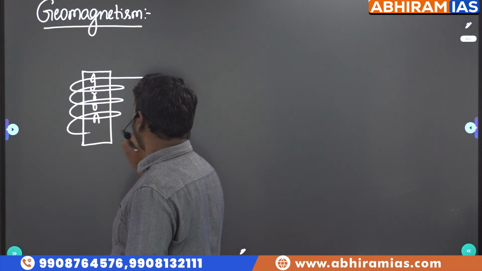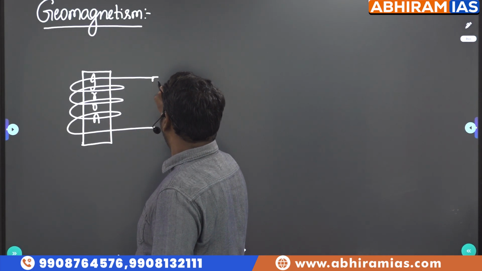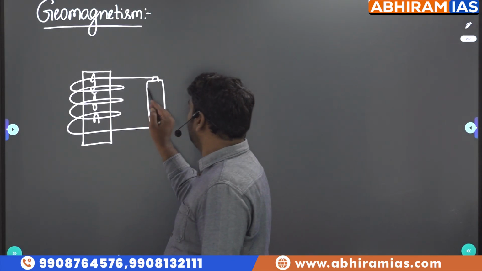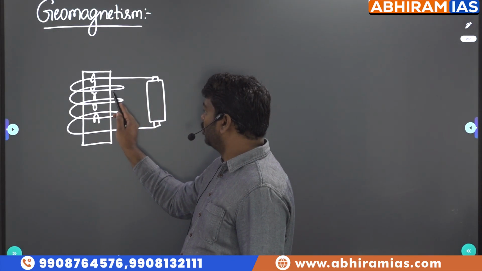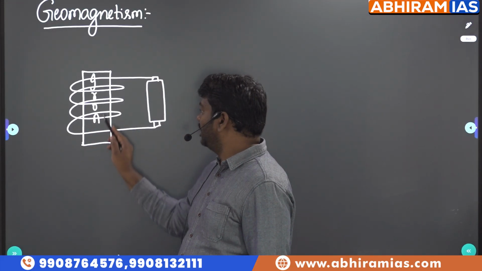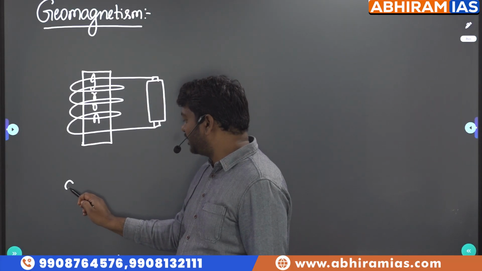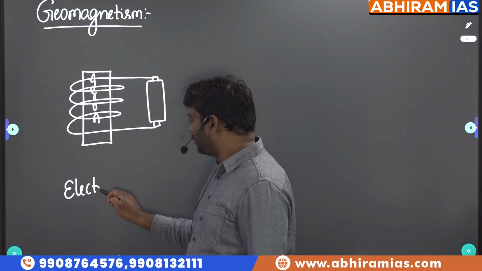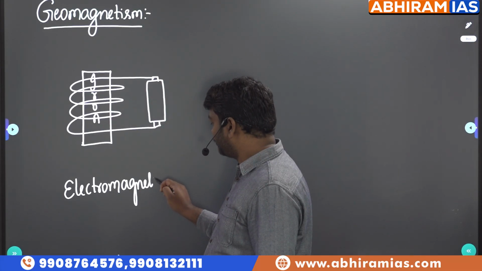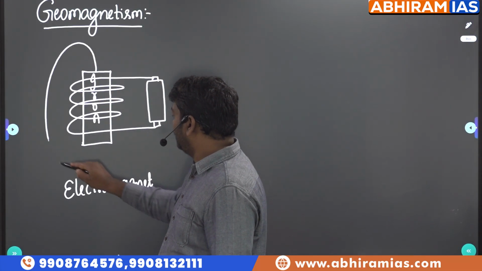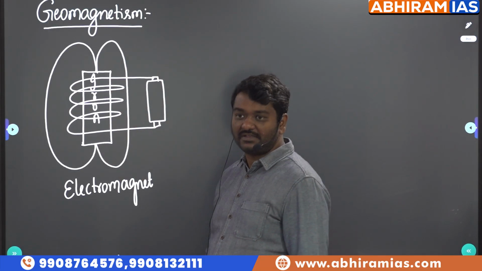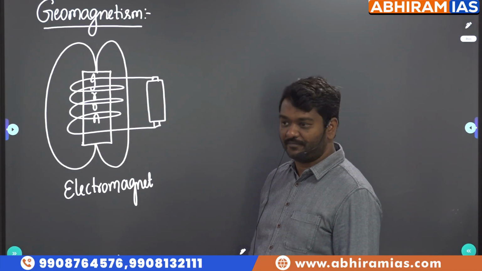To these iron particles, if a battery is connected, charged particles will go through this. And the charged particles, when they touch the iron, it will become an electromagnet, and it will have its own field called the electromagnetic field.